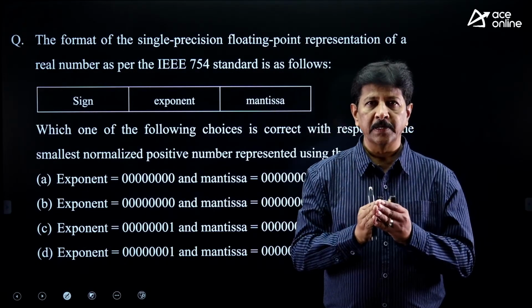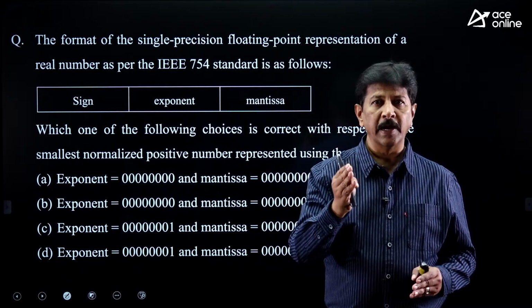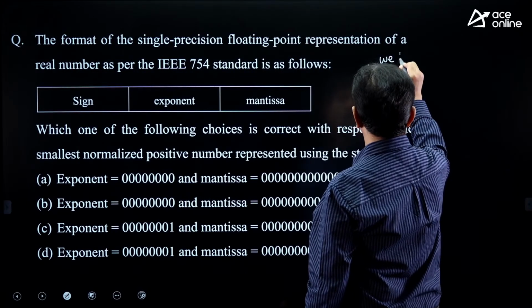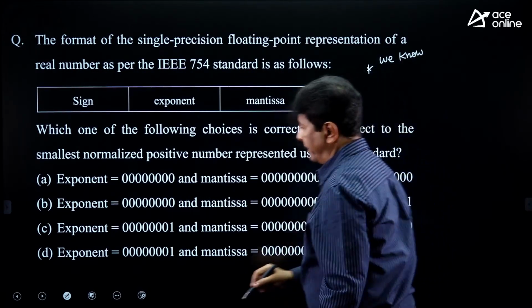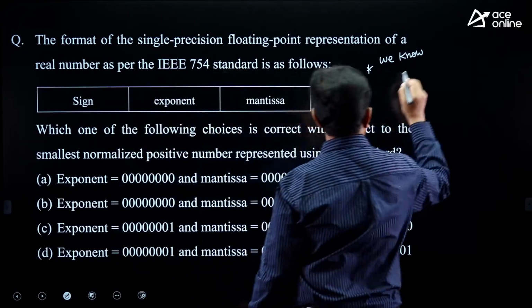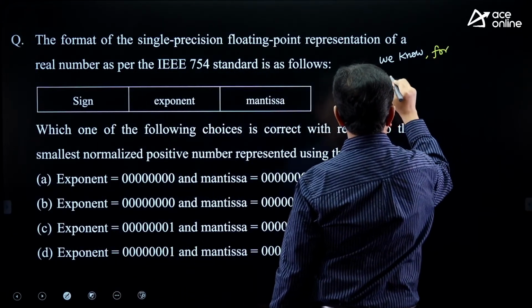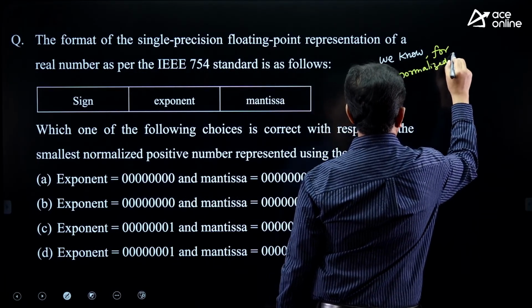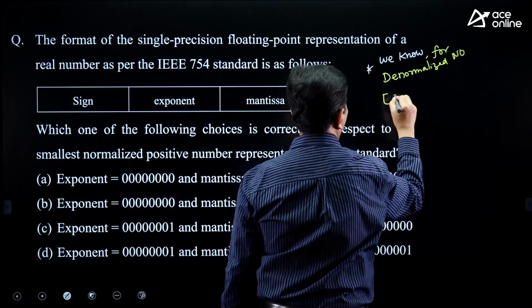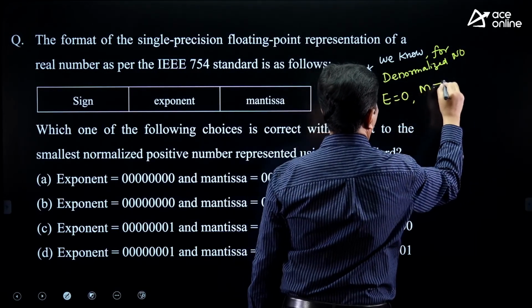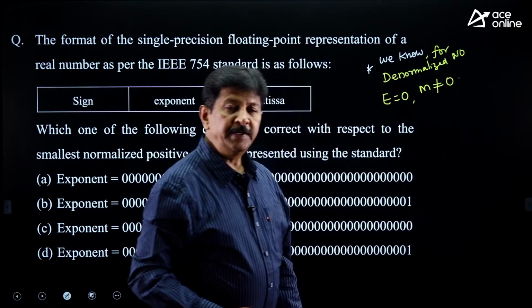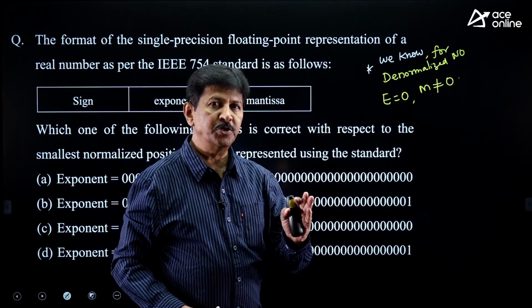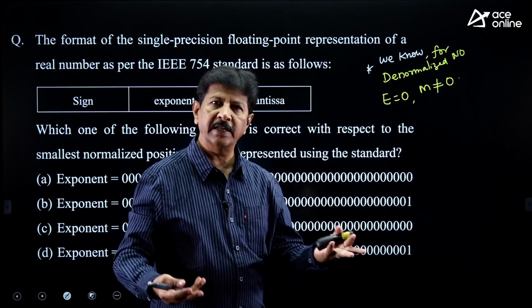For a denormalized number, we know exponent should be 0 and mantissa should not be equal to 0. In the table, when I was discussing, I told you: any denormalized number, exponent should be 0, mantissa not equal to 0. That is the right answer for this.